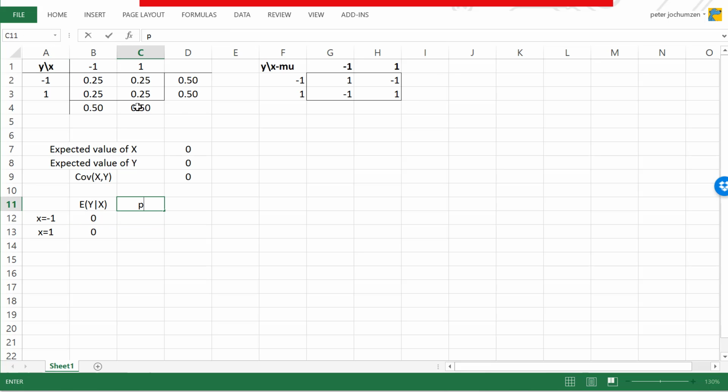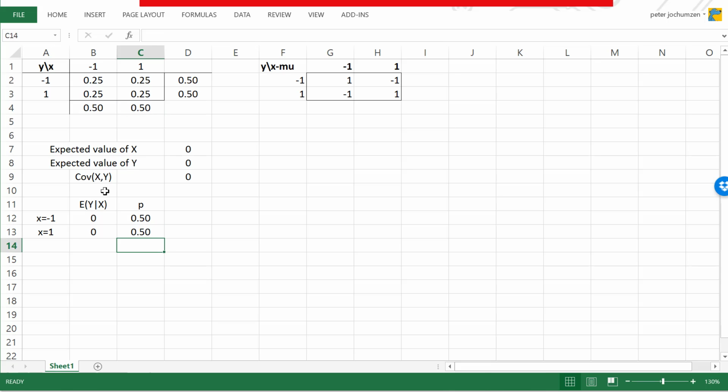There are probabilities involved in this case as well, because x can take the value minus 1, and the probability of that is just this one right here, 50% chance, and the probability that x is equal to plus 1 is this probability here.